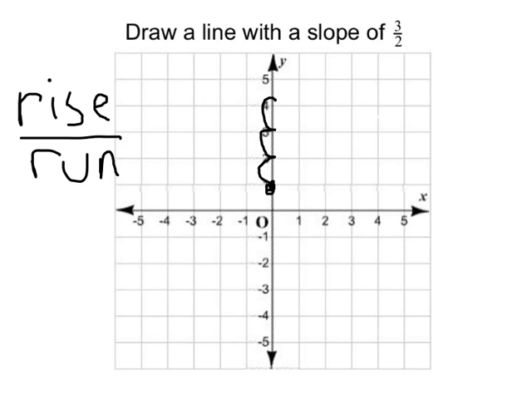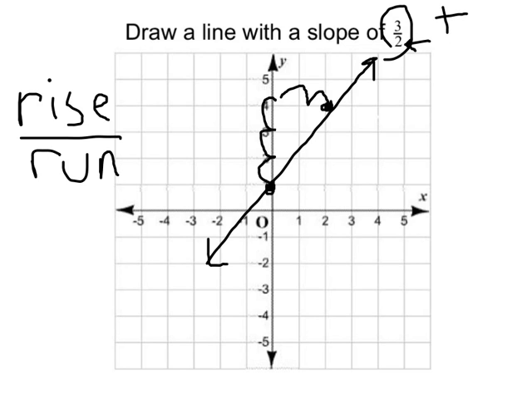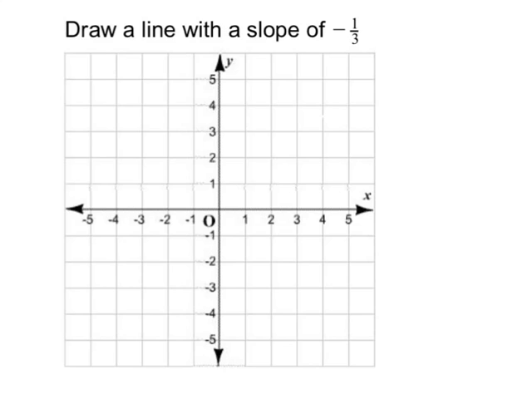And then I have a run of 2, so I need to go 1, 2. And there is my next point. Now I'm going to draw my line between these 2 points and check, is this slope positive? Because up here my slope is positive. Is this slope positive? Yeah, because we'd be going up the hill. So this is my line with a slope of 3/2.